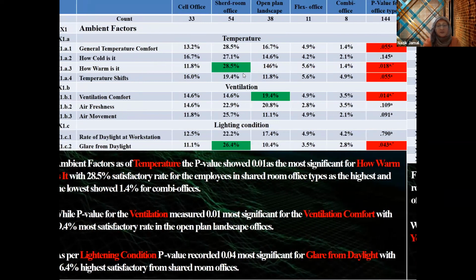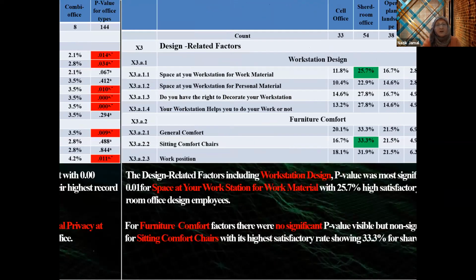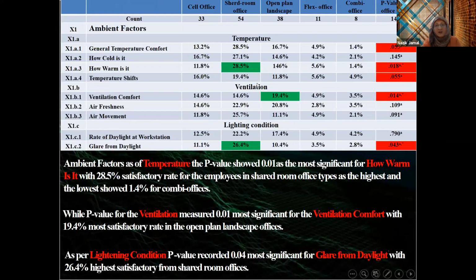And for the ventilation, we have the most significant p-value of 0.01 for the question ventilation comfort, with 19.4% in the landscape office. And finally, for this ambient factor, we have lighting condition, with the most significant p-value of 0.04 for the glare from the daylight, with 26.4% in the shared office.